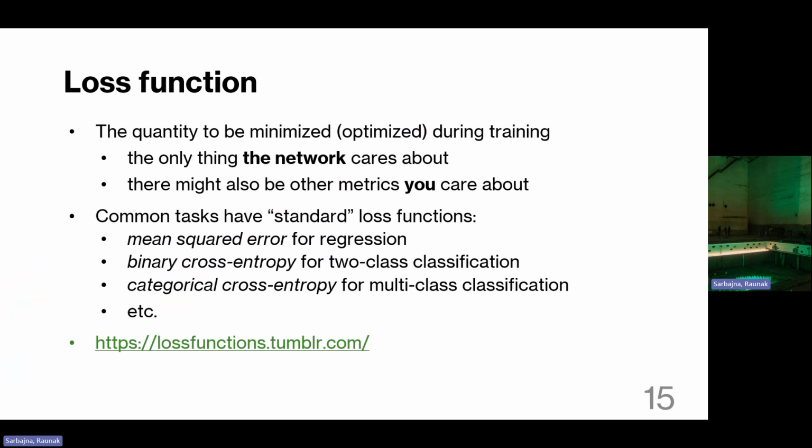The model might just care about accurate classification, but you might also want to know the percentage of accuracy or other outputs in the model that might be useful or important to you other than just accuracy. So all those things have to be combined into your loss function.